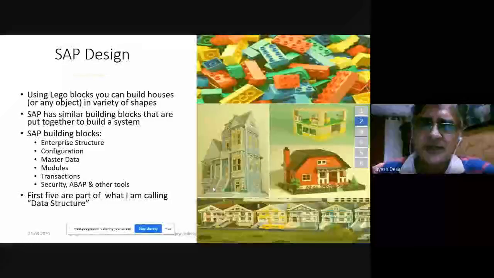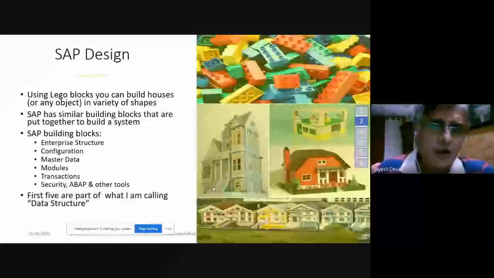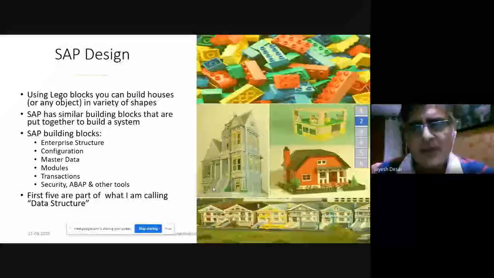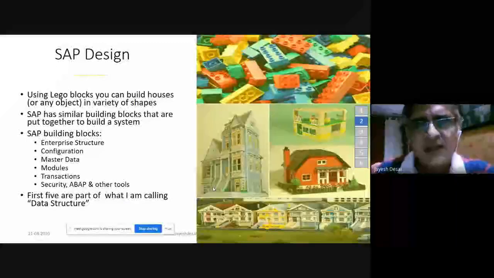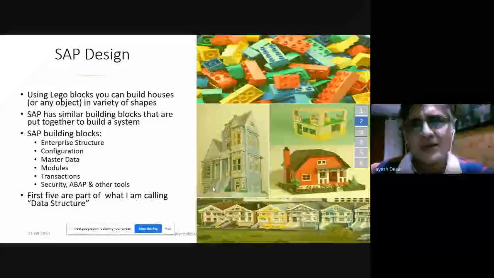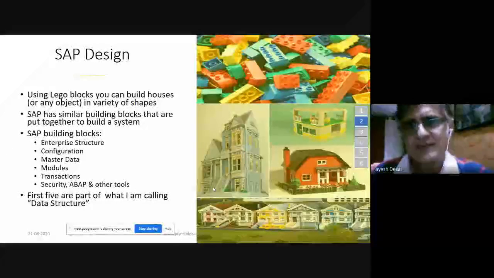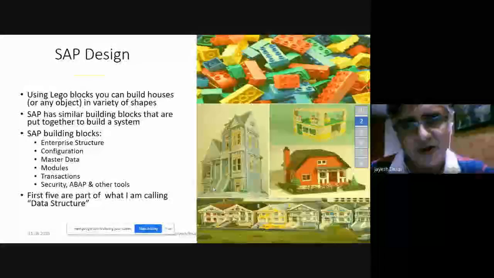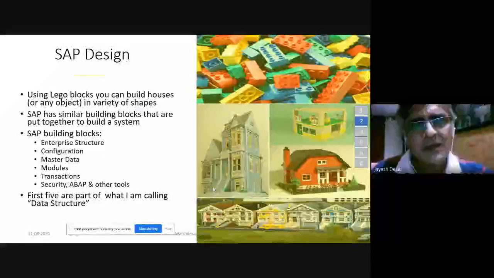Now, when I say enterprise structure, it does not mean that it is just one block. There are so many pieces in that enterprise structure. Every company is designed differently. And how can one SAP cater to almost all the companies across all the industries, using the same application, which is ECC or S/4HANA, without making any major change?